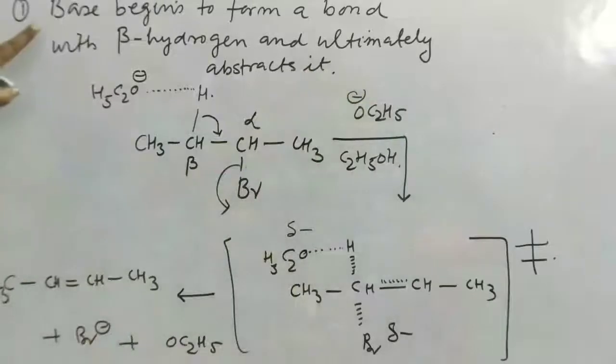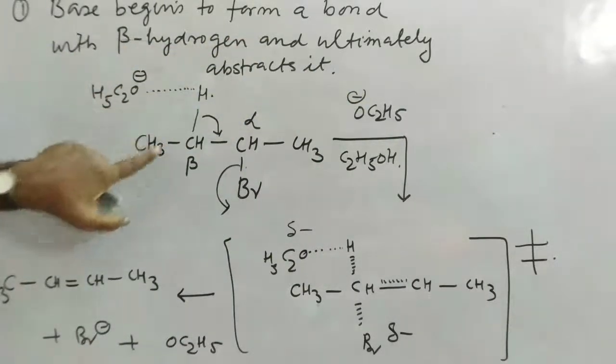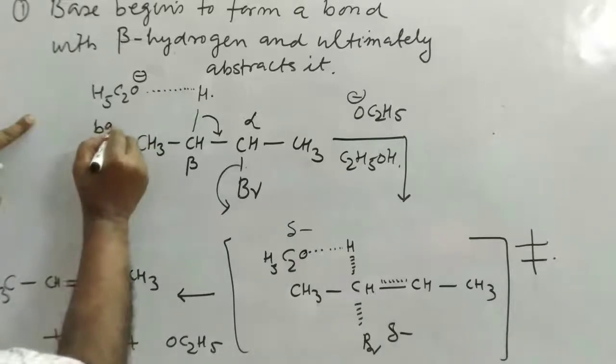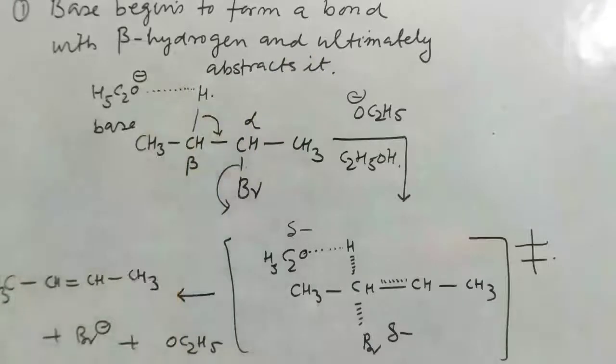The first point is base begins to form a bond with beta hydrogen and ultimately abstracts it.